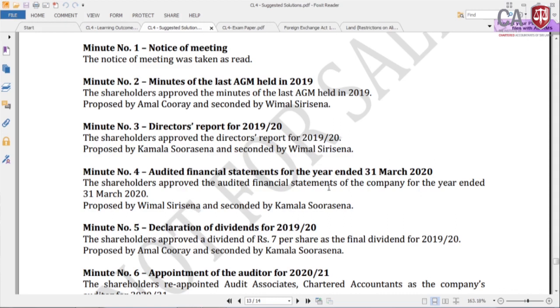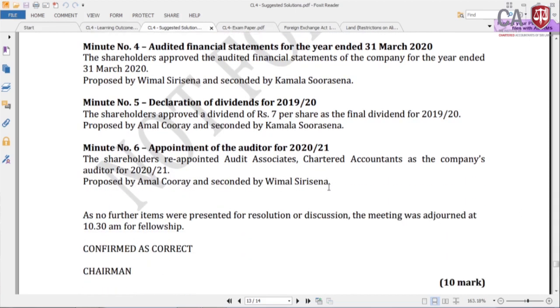Then minute number 5, declaration of dividends for 2019-2020. That's also a very important thing. The shareholders approved a dividend of ₹7 per share as the final dividend for the year, proposed and seconded. Then minute number 6, appointment of auditor for the year 2020-21.